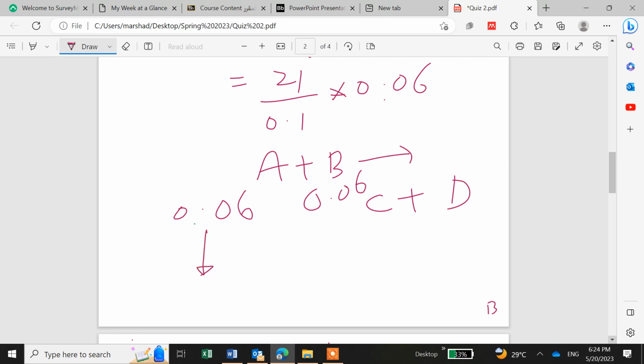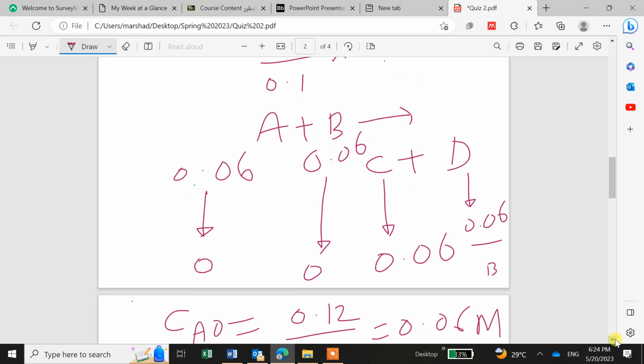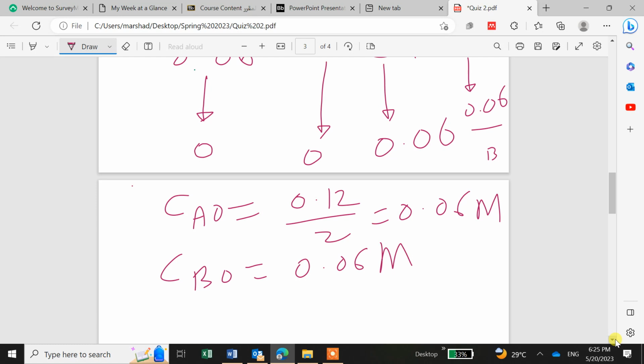So after 100% conversion, we will not have A, we will not have B, we will have only C and we will have D, right? 0.06, 0. So in this case now we have C and D. C is basically sodium acetate.